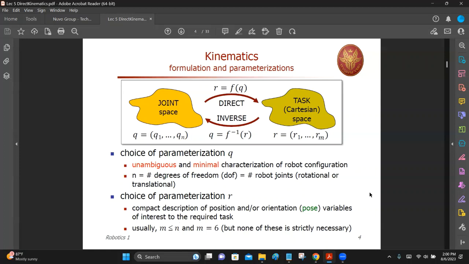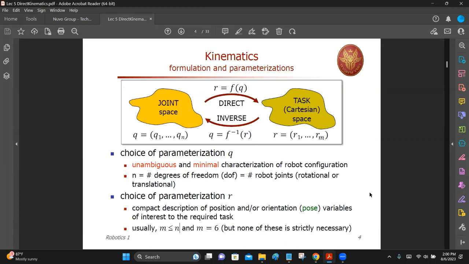Because in three-dimensional space, you have 3 coordinates, x, y, z, and 3 angles, roll, pitch, yaw, right? So 6 variables are required. If you want to calculate 6 variables independently, you need to have 6 variables in your joint space as well.